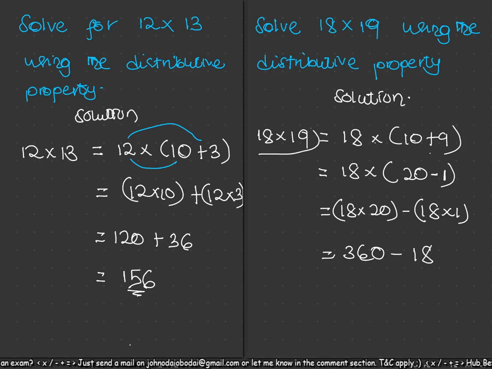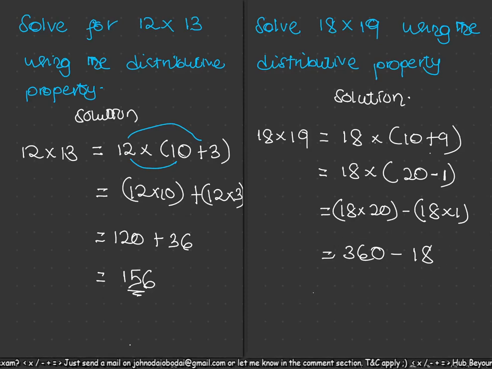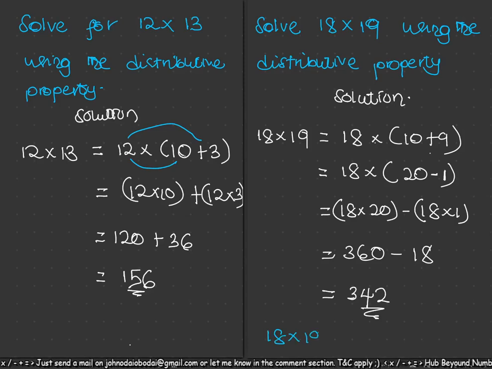So your multiplication problem has now become a very simple subtraction problem. And we know 360 minus 18 will give us 342. And this here is the answer to what? 18 times 19. All right.